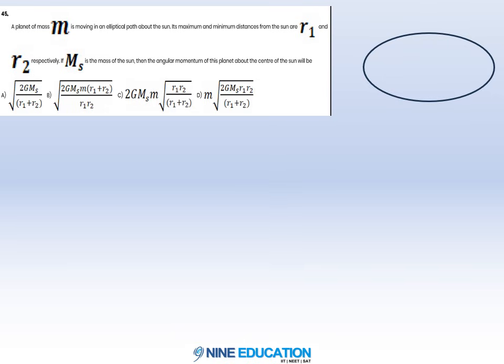In this question, suppose the sun is here and the planet's two positions are given, r1 and r2. r1 is the maximum distance, this is r1, and this is r2.